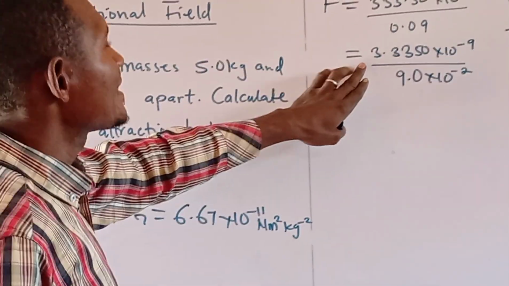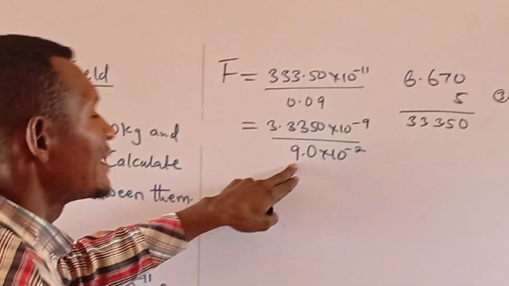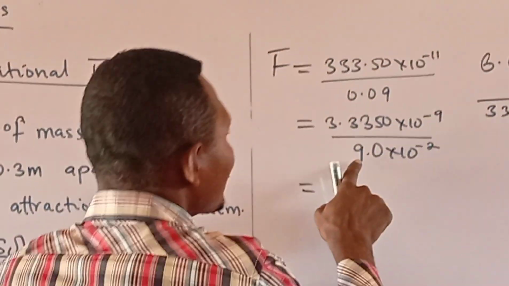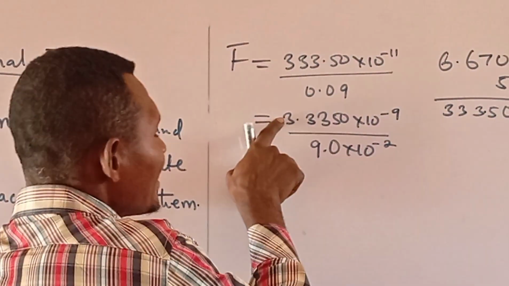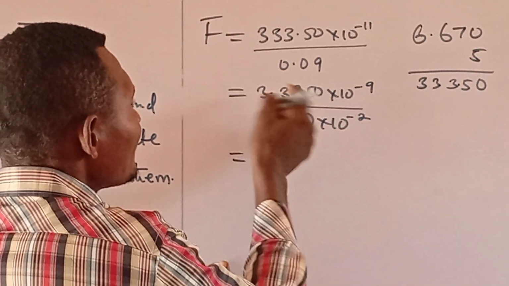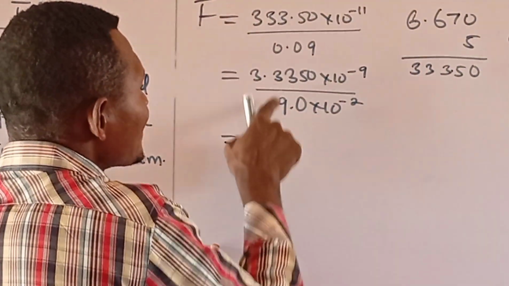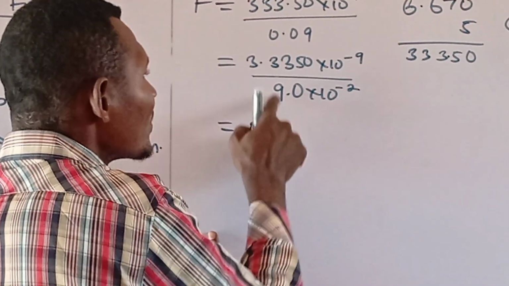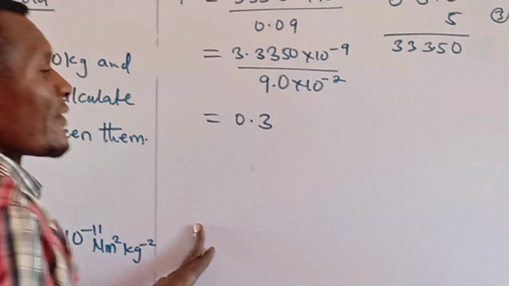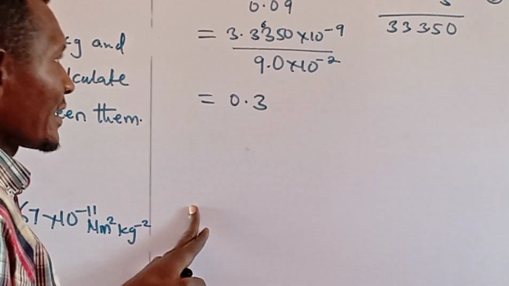Now we're going to divide this 3.3350 by 9. We simplify. So 3 divided by 9 is not possible, so write 0. Then you shift this 3 to this place, making it 33. And 33 divided by 9, the 9 will go into 33 how many times? It will go 3 times. Remainder 6. So bring the 6 here, making this one 63.